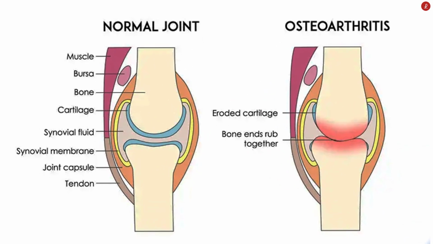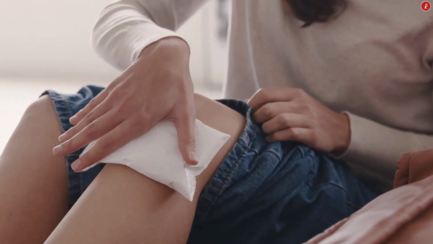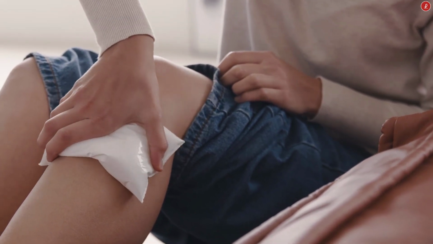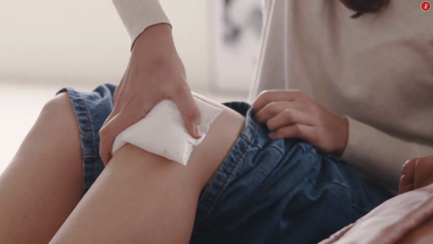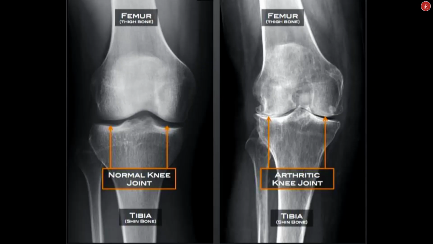As knee osteoarthritis progresses to the moderate stage, the cartilage loss becomes more significant. There is a significant amount of pain, and stiffness and swelling become more frequent and pronounced. You can have a look at these visuals.